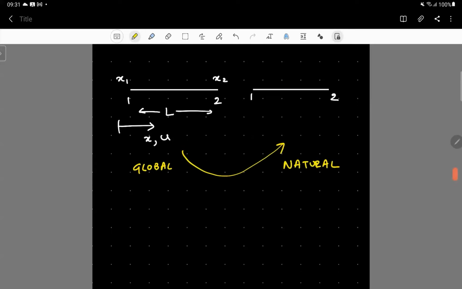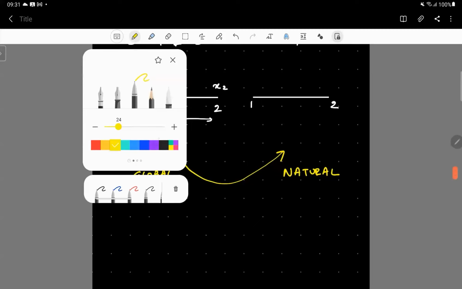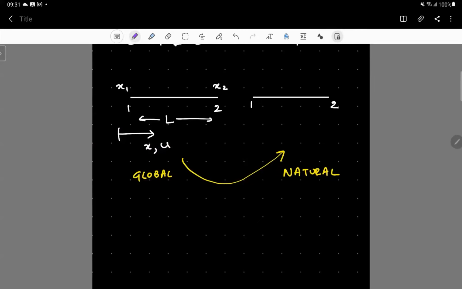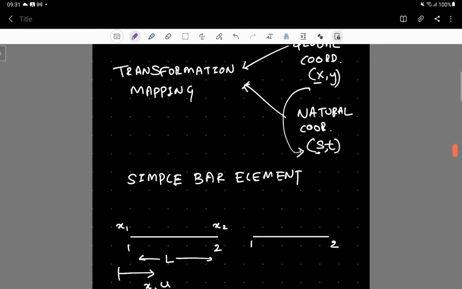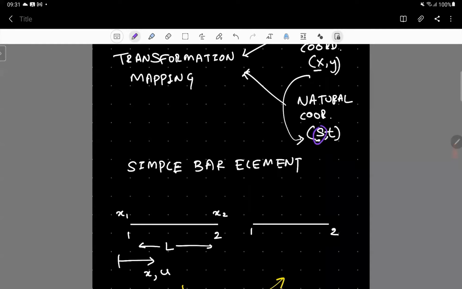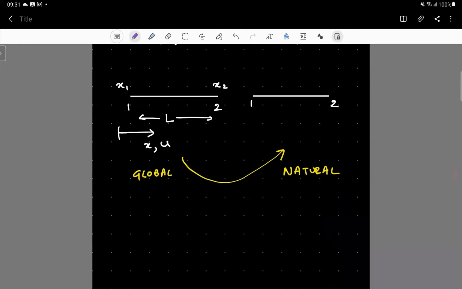How can we define this natural coordinate system? We have two nodes, of course, and we already selected that we will be using the term s to define our natural coordinate system. If it is a single coordinate, then we select this coordinate system such that the origin is located at the very center of the element. At the origin, the s value becomes 0.